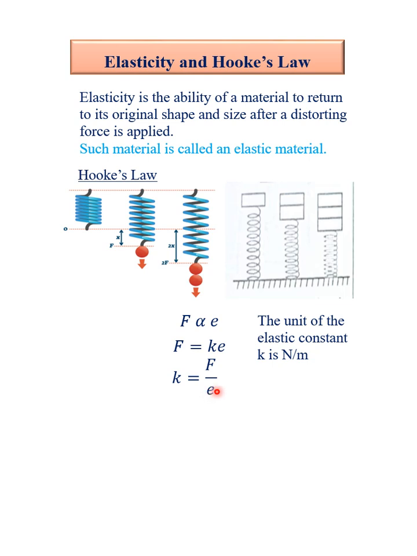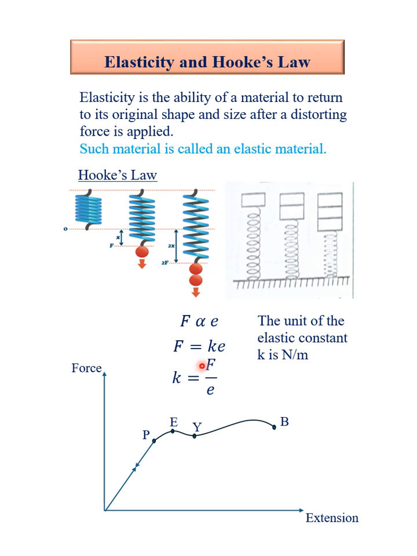So the unit of the elastic constant of an elastic material is Newton per meter. So this describes the relationship between force applied to an elastic material and the nature of extension or compression that is achieved. We can further demonstrate this using a graph known as the graph of Hooke's law.